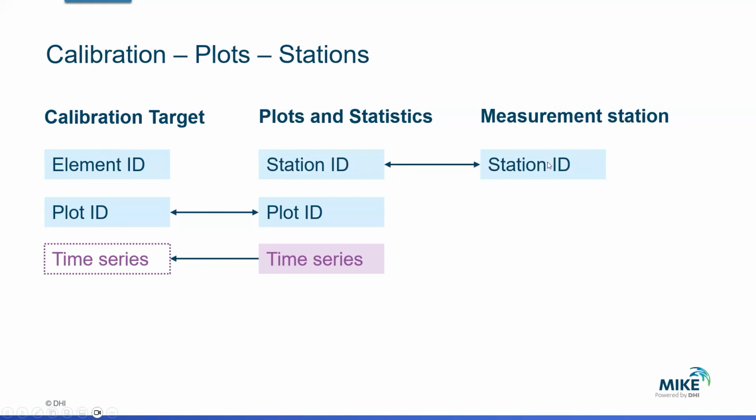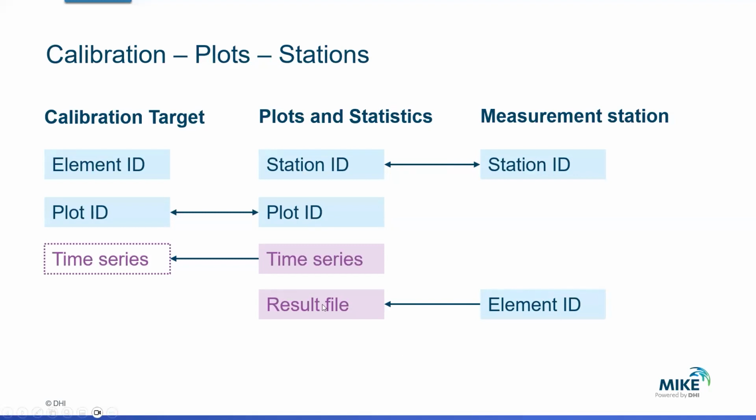A measurement station can have several plots. And in the measurement station, there is also an element ID. It was actually the line pointing from the orange dot to junction 5.